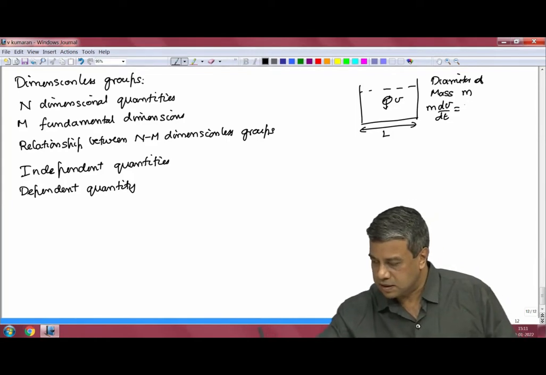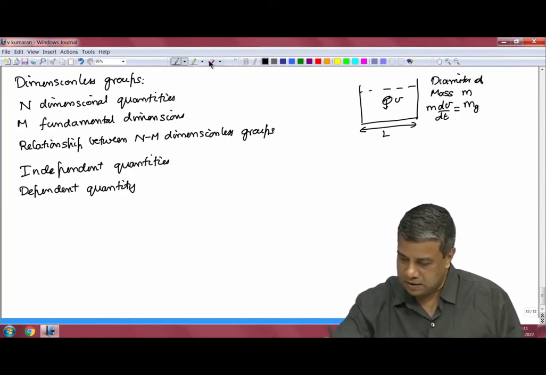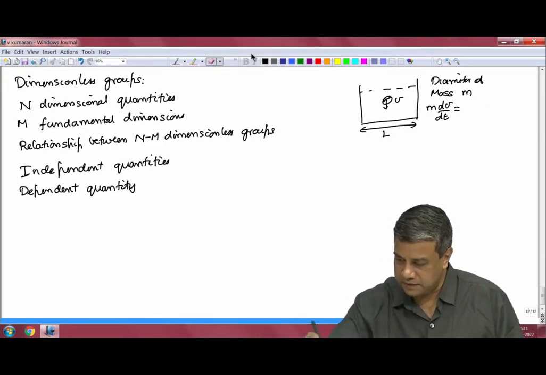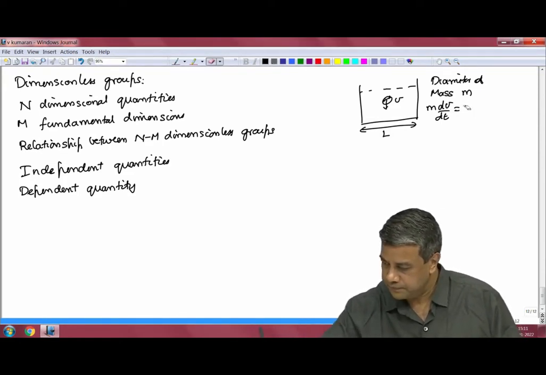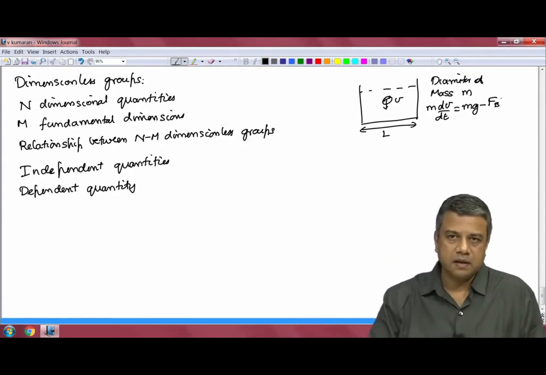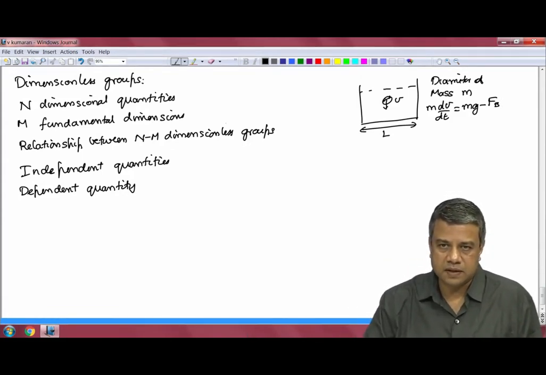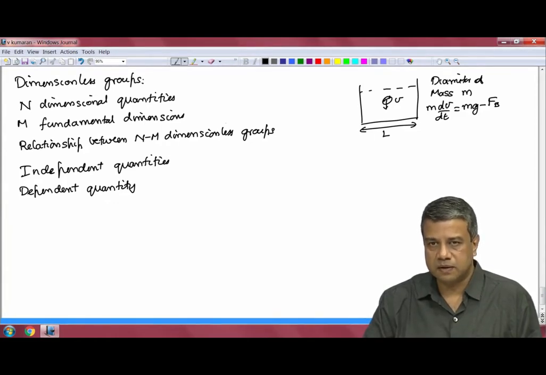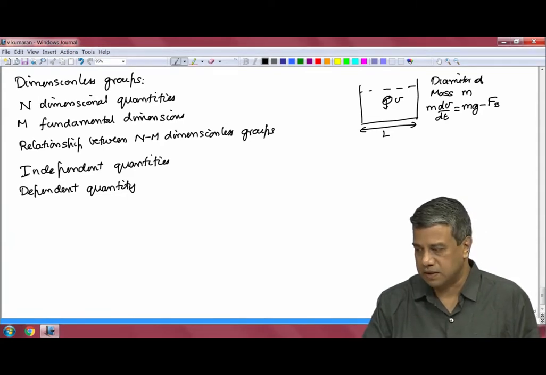One is the gravitational force, okay, that is acting on the sphere, which is mass times the gravitational acceleration, okay, minus the force of buoyancy, okay, due to the fluid that is displaced by this object, is basically equal to the product of the mass of fluid displaced times the acceleration due to gravity.